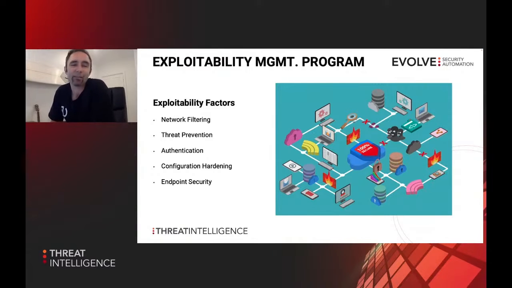Configuration hardening is another one. If you've got your system locked down in a hardened configuration, that reduces the number of attack vectors or exploitation techniques that can be used to actually make the exploit work.